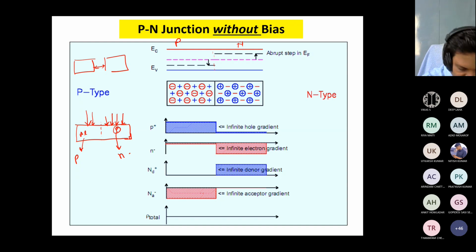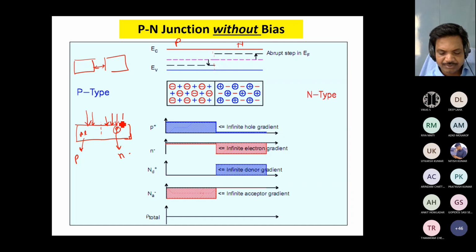So if we consider a system, it represents only one energy level, and when we make the system, these two will combine and make one energy level. But here there is an abrupt change in the Fermi energy.